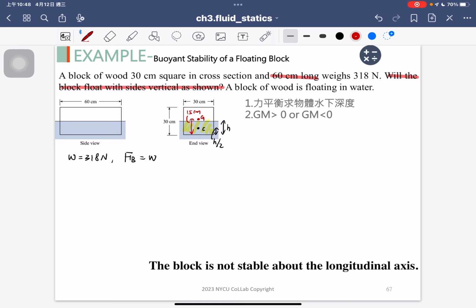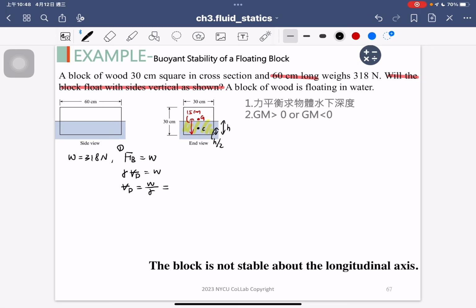Okay, so based on the first equation, we know that the buoyant force is related to gamma and Vd. Vd is the displaced volume, the yellow regions, and will equal W. But we didn't know the total displaced volume. But we know the gamma, and we know the W, so we can compute the answer.